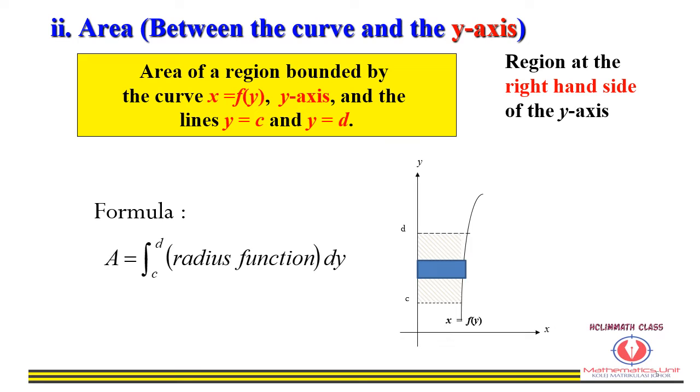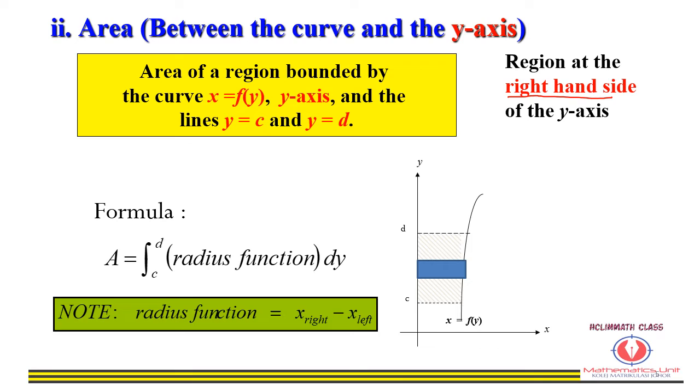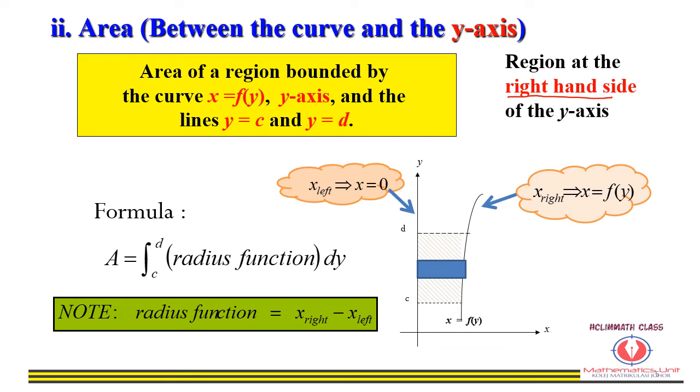We look at the case where the region is at the right-hand side of the y-axis. To find the radius function, we use the x right minus the x left. For these cases, the x right is x equal to f(y), whereas the x left is x equal to 0, or the line of the y-axis.